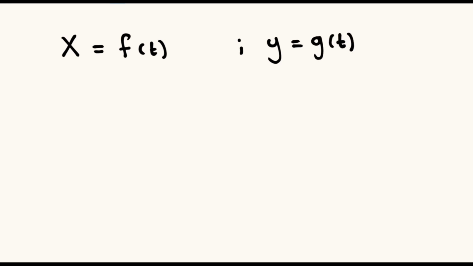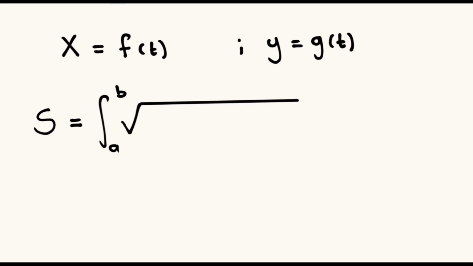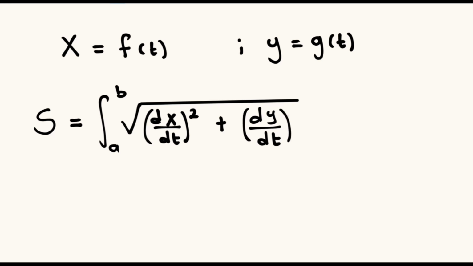Then the length denoted by the letter S of the curve will be equal to the integral from point A to point B of the square root of the derivative of x with respect to t, squared, plus the derivative of y with respect to t, squared, and our integral will be with respect to t, where A and B are elements of t.